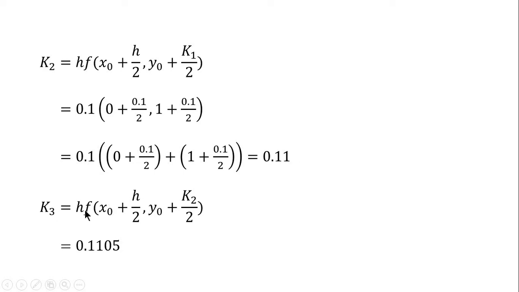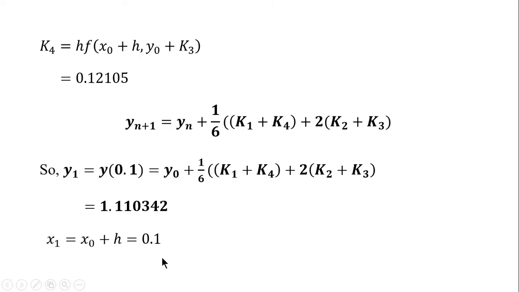Similarly, k3 is h into f of x naught plus h by 2, comma y naught plus k2 by 2. First compute the variables x naught plus h by 2 and y naught plus k2 by 2 and then substitute in the function f of x, y which is x plus y. So, we get k3 as 0.1105. Similarly, find k4.